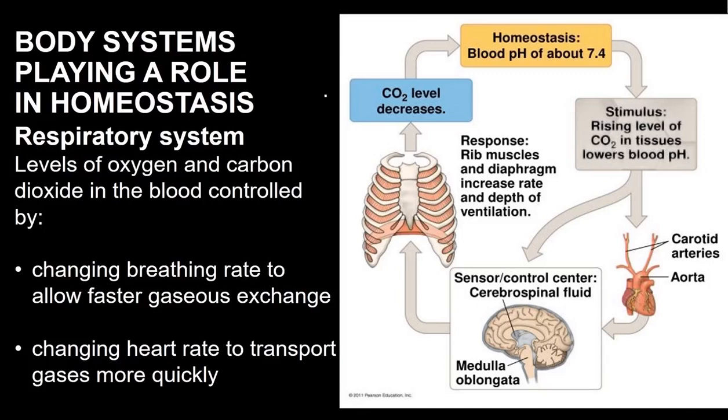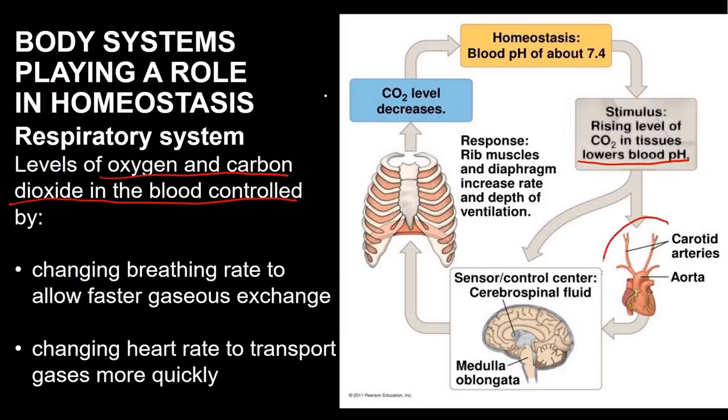Okay, the next system is the respiratory system, which controls the level of oxygen and carbon dioxide in the blood. And the way it does this is if you have too much CO2 in your blood, and interestingly enough, it's not the oxygen level which sets this off, it's the CO2 level, because the CO2 level lowers the pH of the blood. That is sensed by sensors.